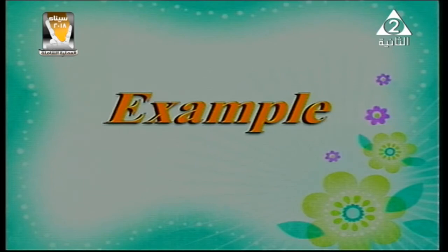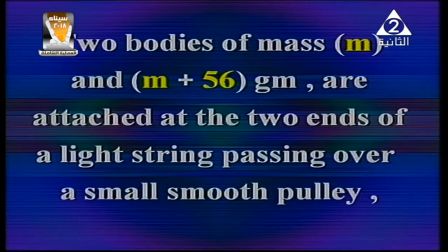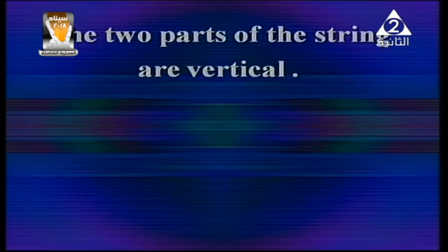Another example. If we have two bodies of mass m and m plus 56g attached at two ends of a light string passing over a small smooth pulley. The two parts of the string are vertical.